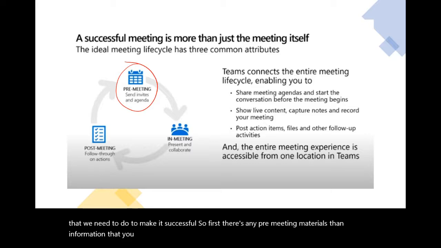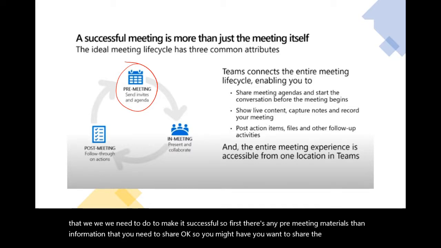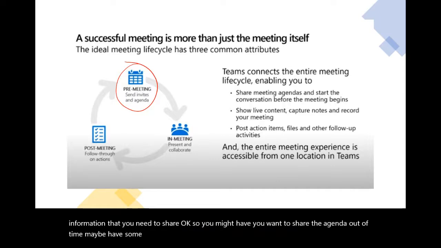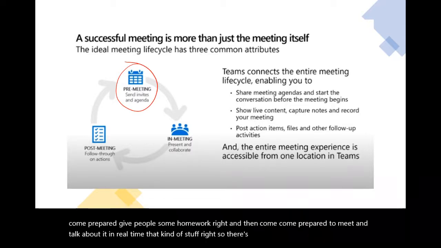You want to share the agenda ahead of time. Maybe you have some pre-read documents that you want to send out to make the best use of your time. Ask people to do some work ahead of time and come prepared. Give people some homework, right? And then come prepared to meet and talk about it in real time. That kind of stuff, right? So there's the pre-meeting stuff, and of course there's the invite that you have to send out initially too.